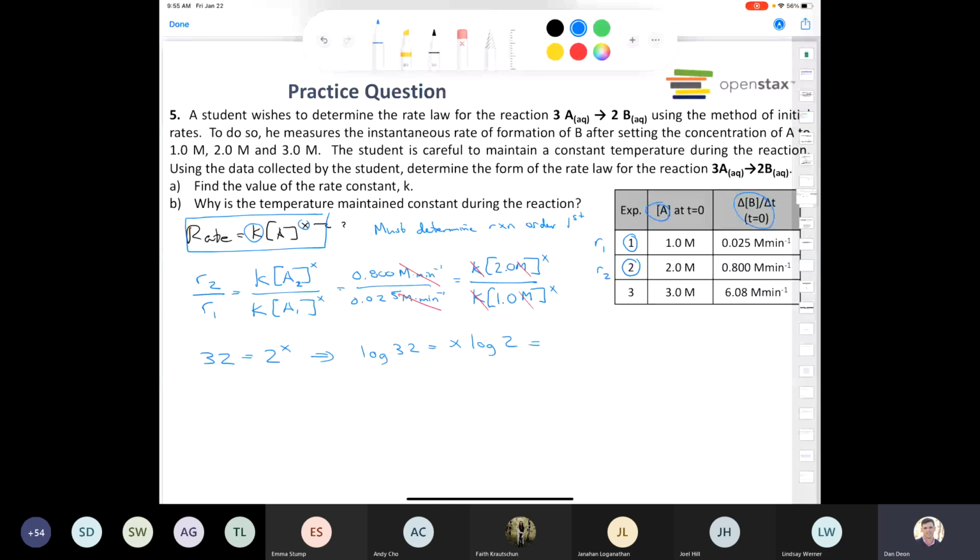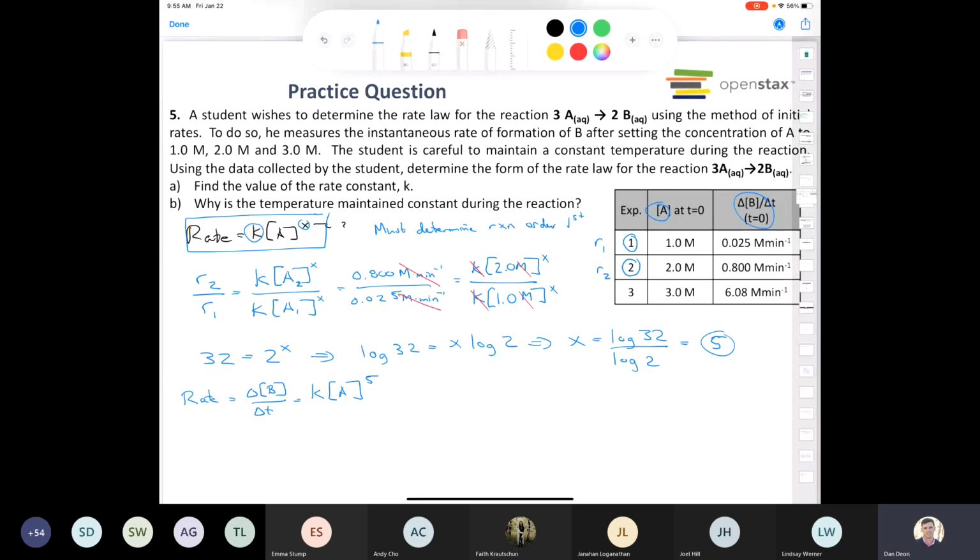So X is equal to the log of 32 divided by the log of 2, which is 5. So our reaction is fifth order. Now we know that our rate, which is equal to the rate of appearance of B over time, is equal to K times A to the power of 5.